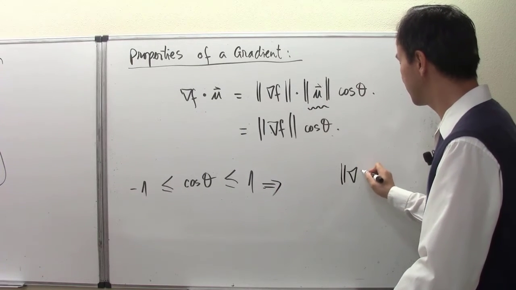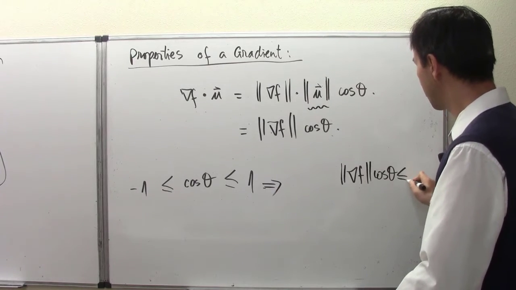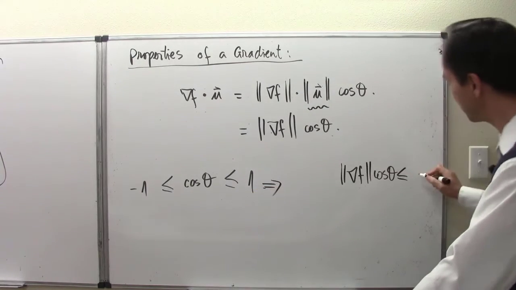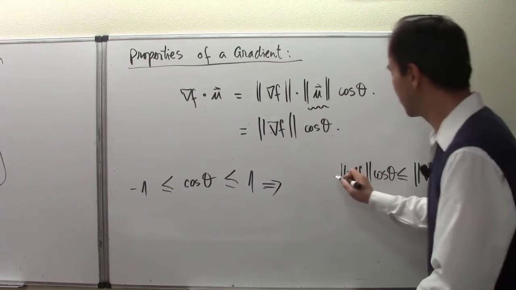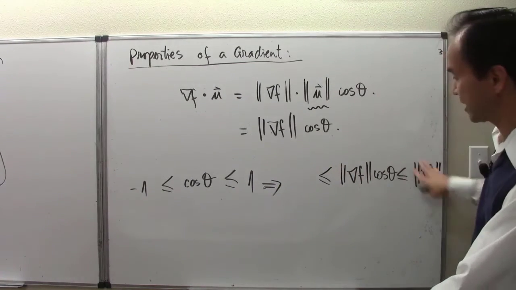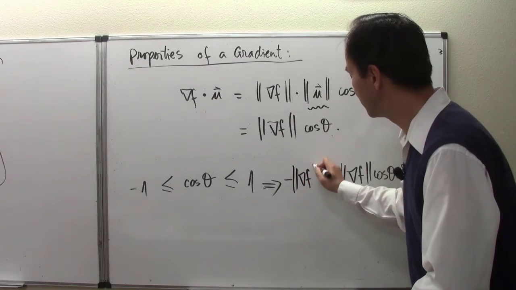So the length of del f times cosine theta will be less than or equal to, on the right-hand side, I must also multiply that 1 with the length of del f. And on the left-hand side is minus the length of del f.